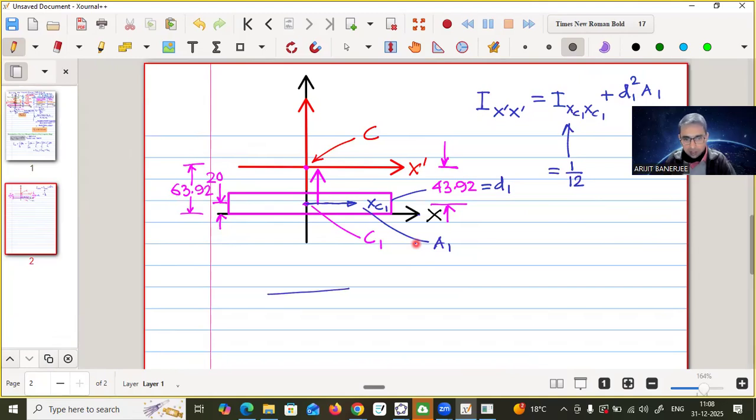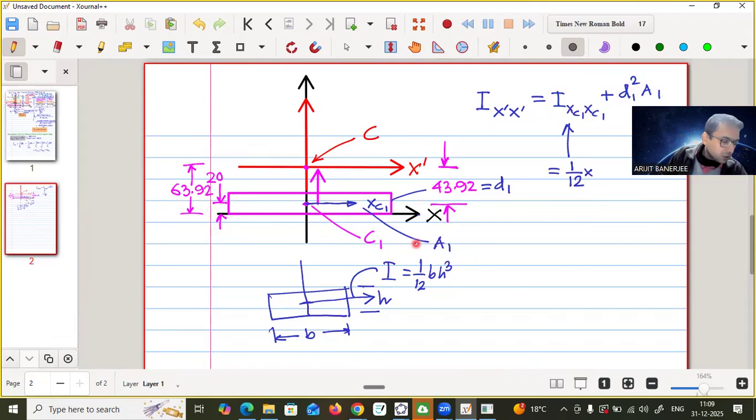For a rectangle about the centroidal axis, if it is h and if it is b, about this axis the moment of inertia is equal to 1/12 of bh cube. So b means how much? This one.